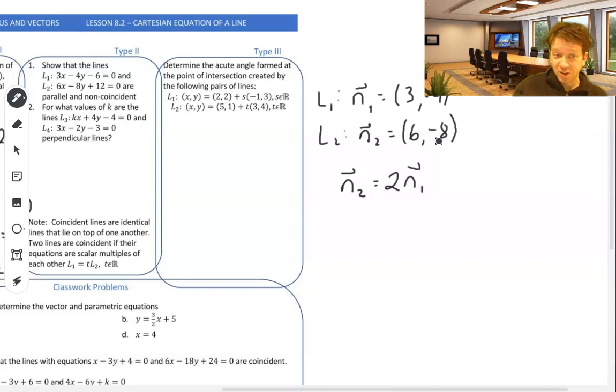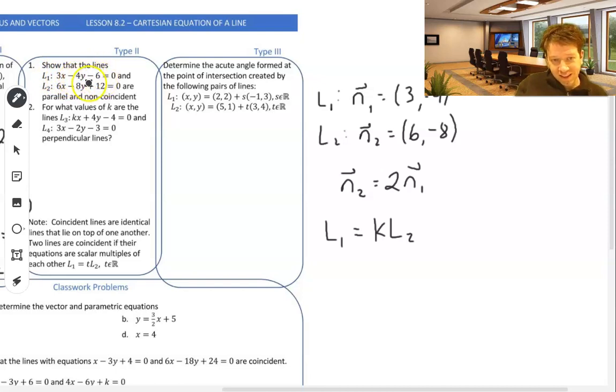For the lines to be coincident, L1 would have to be able to be written as a scalar multiple of L2, the entire equation. You can see here that's not going to work. If we try twice L1, well, here you'd get 3 times 2 is 6, -4 times 2 is -8, so far so good.